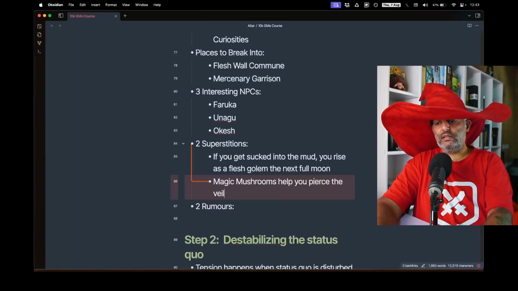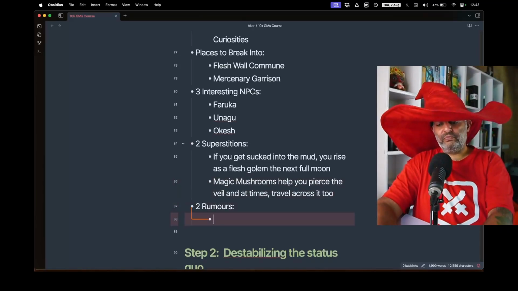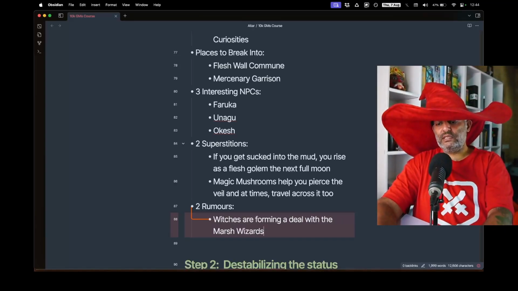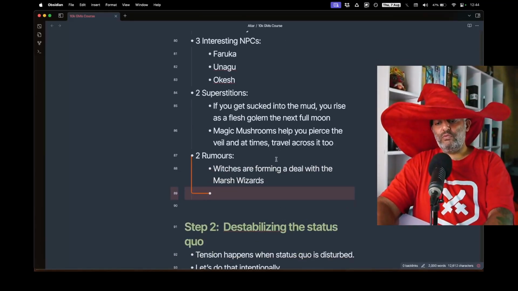Pierce the veil, and at times travel across it too. Rumors. Let's say witches are forming a deal with the marsh wizards. What other rumors could I have?